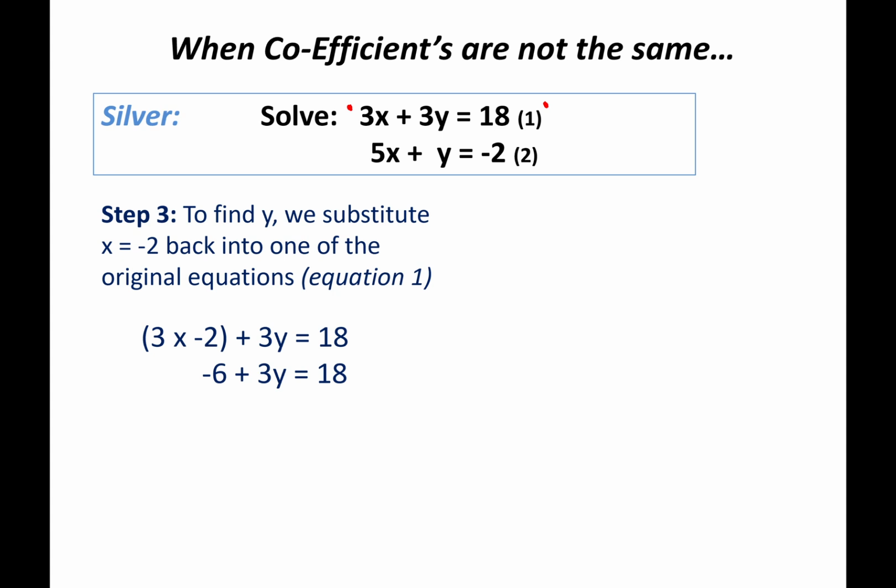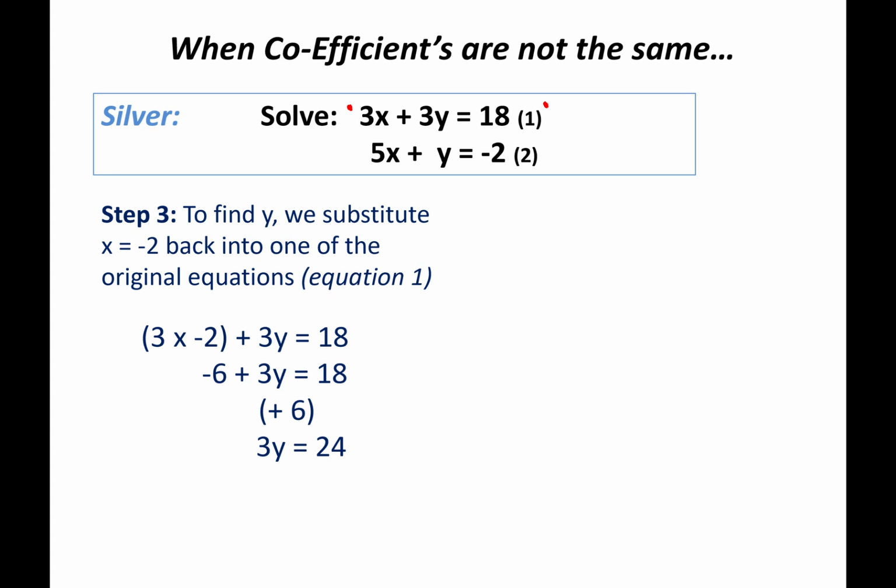So to move values across the equal sign, we do the opposite. Let's move our minus 6. To do this, we add 6 to both sides. This leaves me with 3y is equal to 18 plus 6, 24.